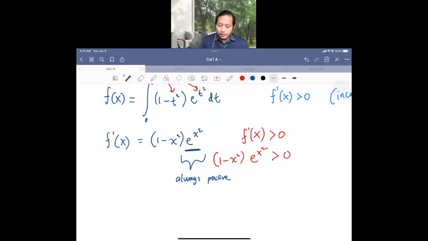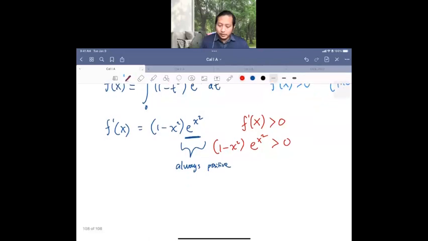You can state this because if you check with negative 1 squared, still it's e, right? And every number that you check results in e positive, right? So it's always positive. So we can say that 1 minus x squared should be greater than 0.